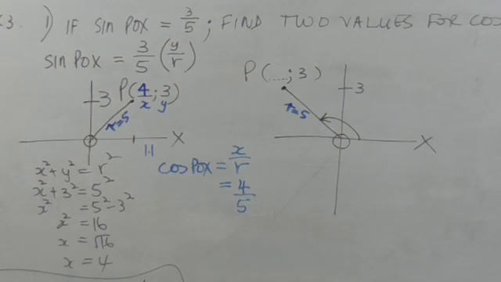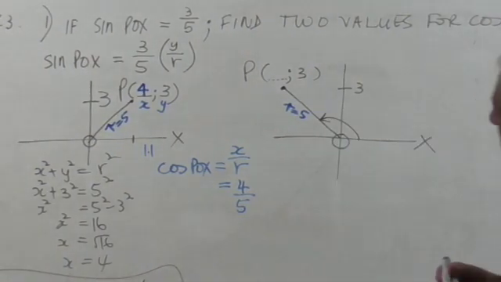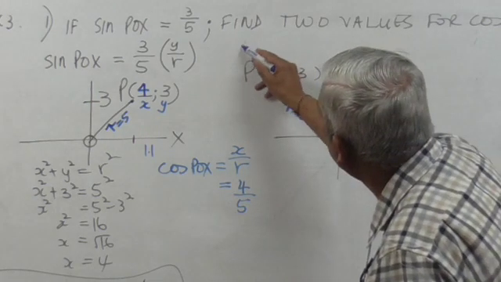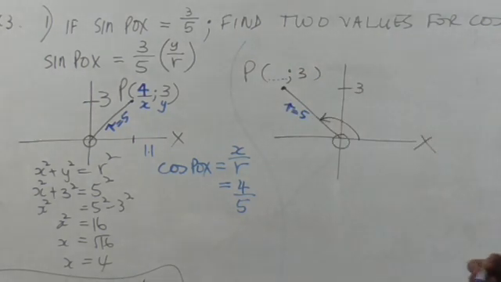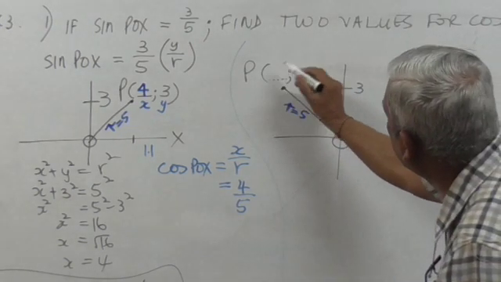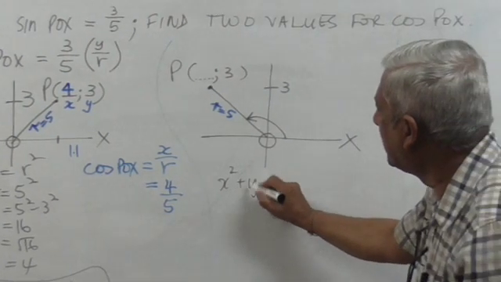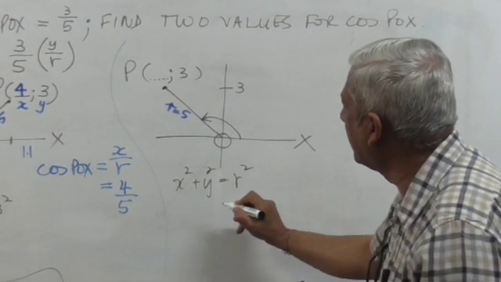Alright, now we go to the next diagram. Now in this diagram, we are looking at this diagram. Again, we know the y is 3, but we don't know the x. We want to find the x. So we say x squared plus y squared is equal to r squared.